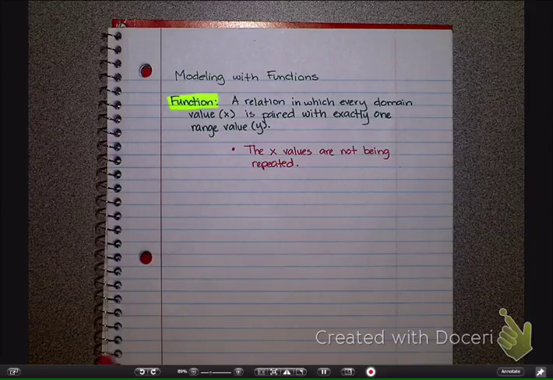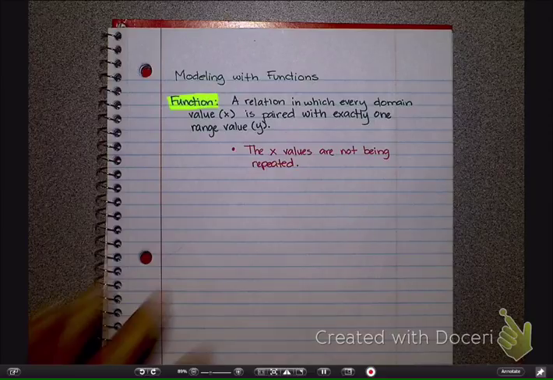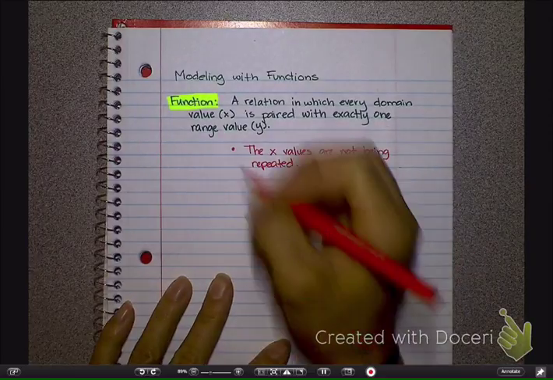We also looked at a graph. It's not a function if in the graph we can draw a vertical line and it passes through two values, because that means those two points have the same x value. So those are not functions. In functions, x values are not repeated.